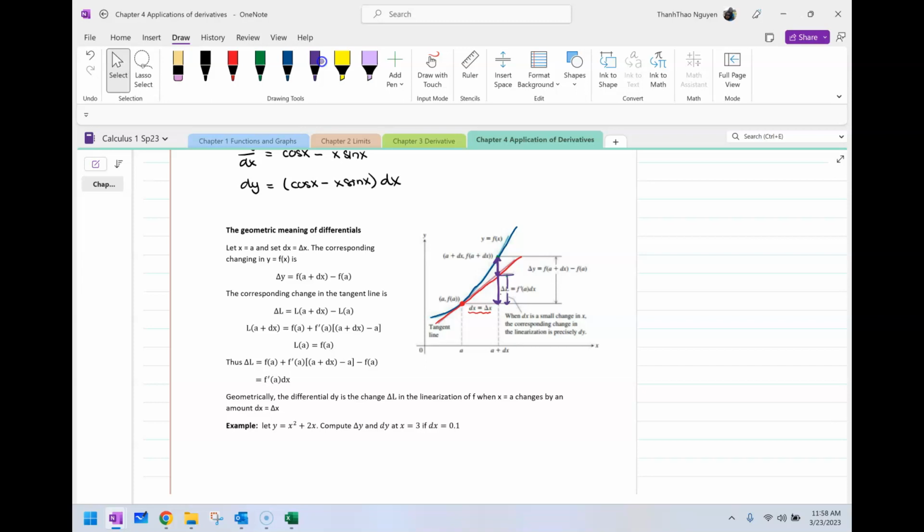There's just a substitution. We know that L of a equals f of a. So then delta L is just f prime of a times dx.